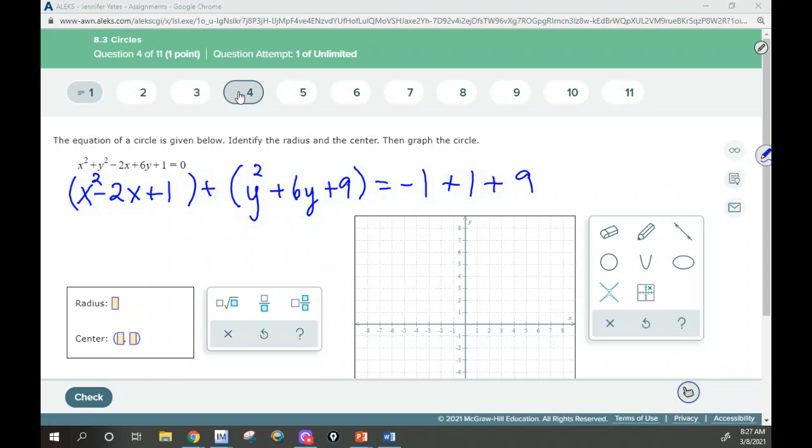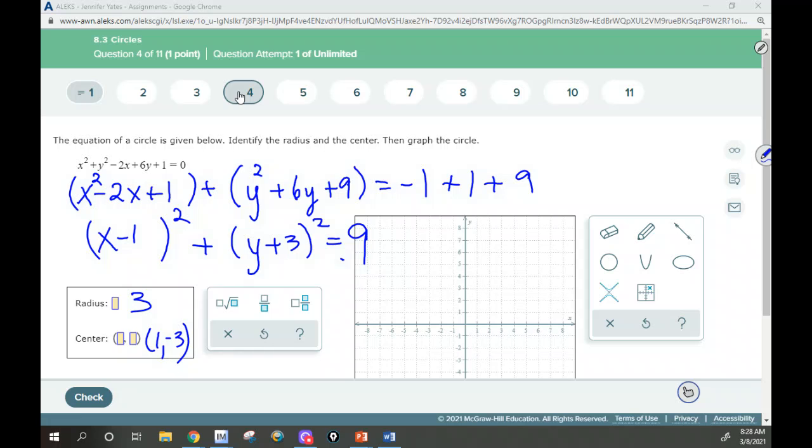I have to add 9 to my other side. What's my perfect square here? What was my half? Negative 1. What was my half here? And then over there, I get 9. And you should have pretty numbers today. If you don't, I'm thinking you did something wrong. Where's my center? 1, negative 3, and my radius has a length of, yeah, square root of that guy, 3.